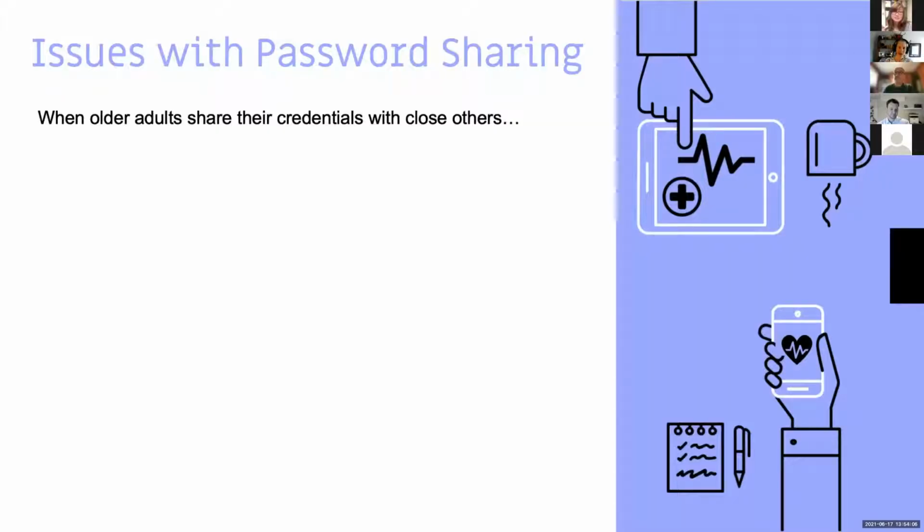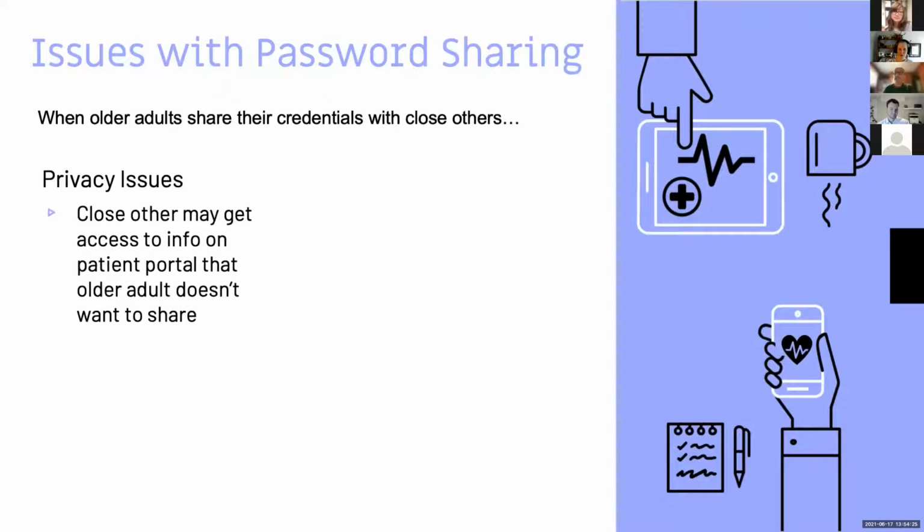So I want to talk for a second about issues around password sharing. If an older adult shares their credentials to a patient portal or to some other e-service with their close others so that that close other can help them, there are some problems. From a privacy perspective, there is the close other getting access to more information than the older adult might want.